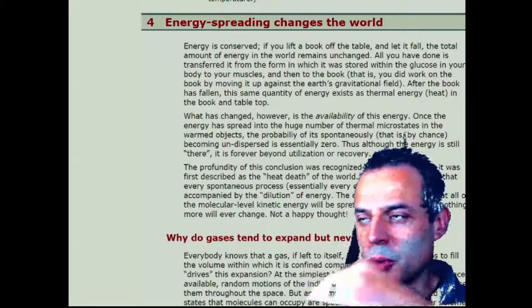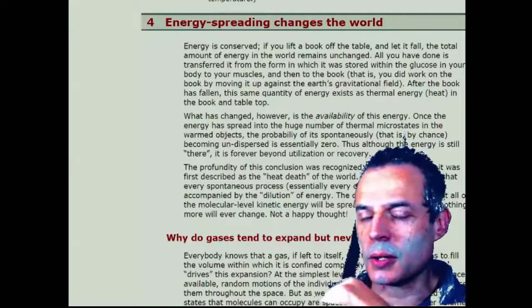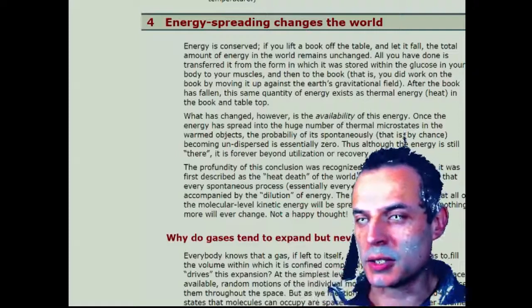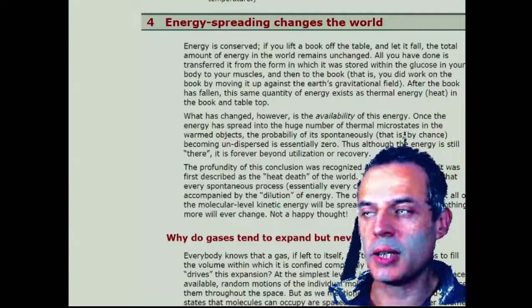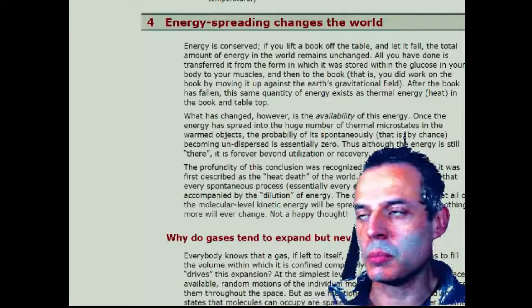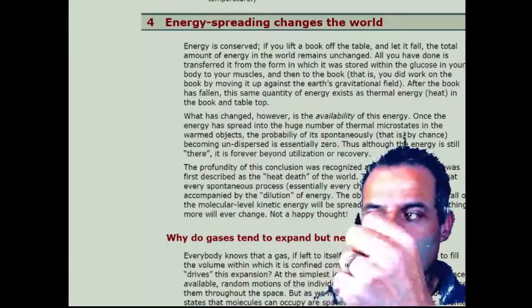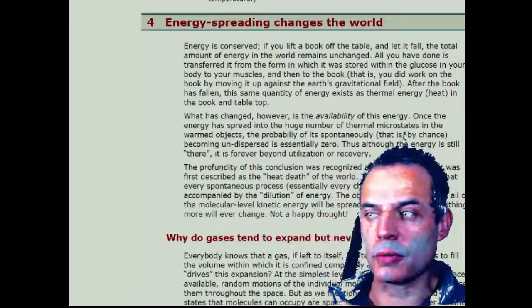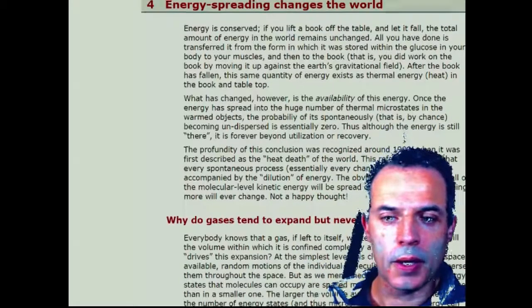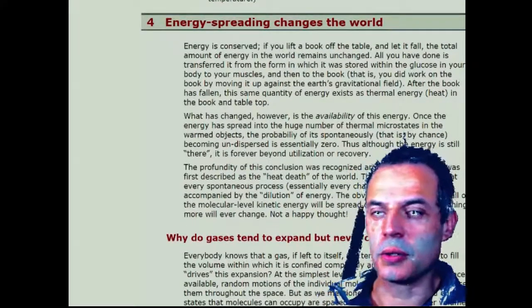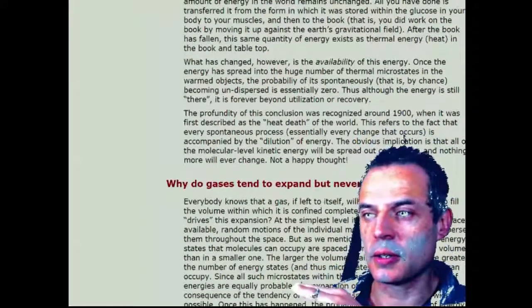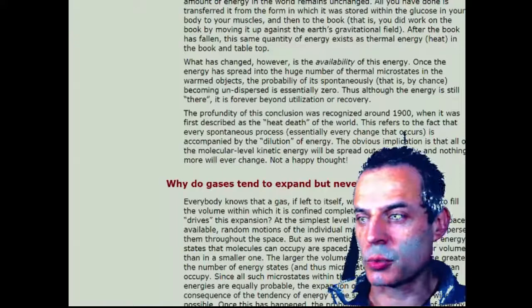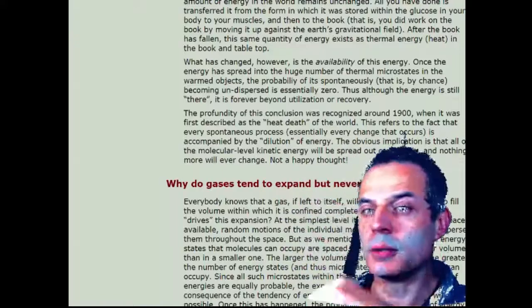But the quantum mechanics or the thermodynamics comes in when it hits the ground, because then the energy is spread out over many microstates, over many possibilities in the room, because we've heated up a whole load of things. And that's what it's trying to say. So the problem there is obviously this theoretical heat death of the universe, where everything's spread out, so everything becomes really boring.